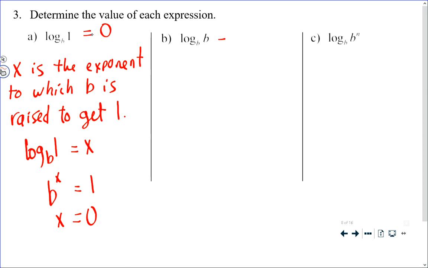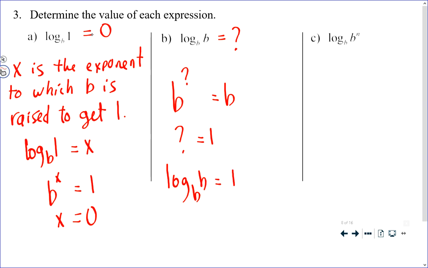What this is saying is, and I'm not going to write it down this time, I'm going to try to work away from having to write this every time. Log base b of b is saying, to what do I raise b to get b? Well, you raise b to the 1 to get b, which means that log base b of b is 1.